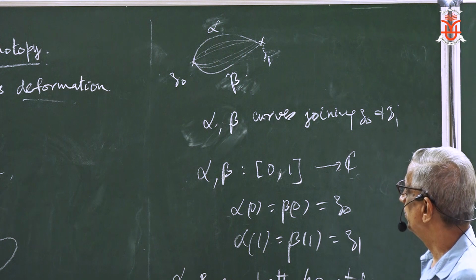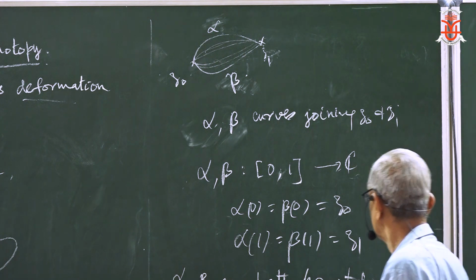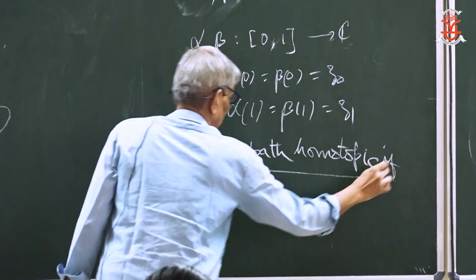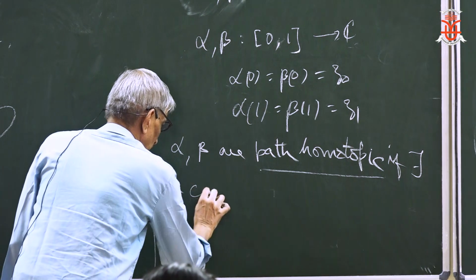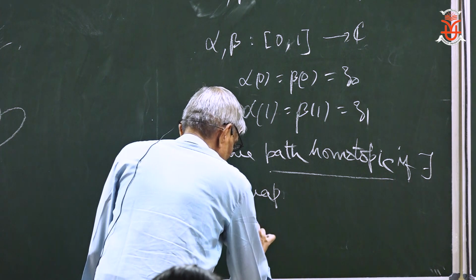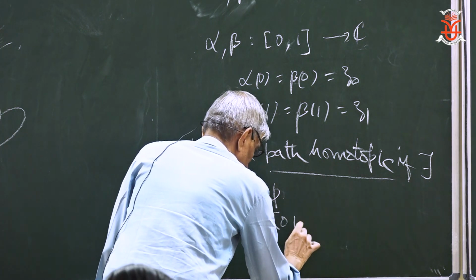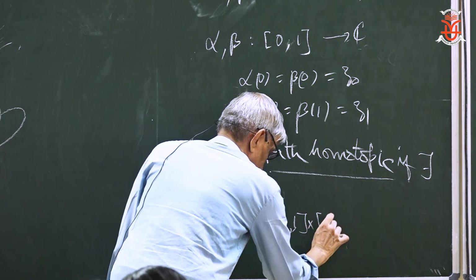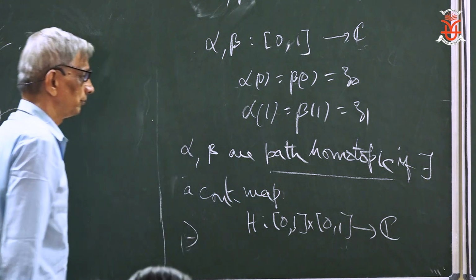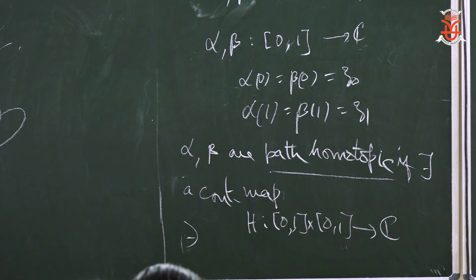You have a continuous family of paths if there exists a continuous map H. So as I said, one interval is for each curve, parameterizing each curve, and the other interval is for parameterizing the family of curves.